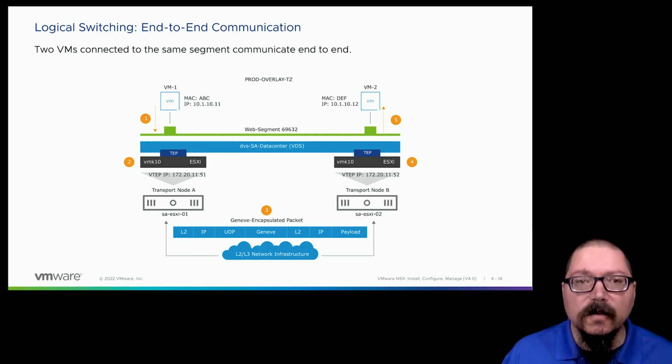VM1 and VM2 have no idea that the frame has been encapsulated and sent from one hypervisor to another. That's outside of what the virtual machines know. So this is kind of invisible, right? The tunneling is invisible to the two virtual machines on the same segment. As far as they know, they're simply connected to the same switch.